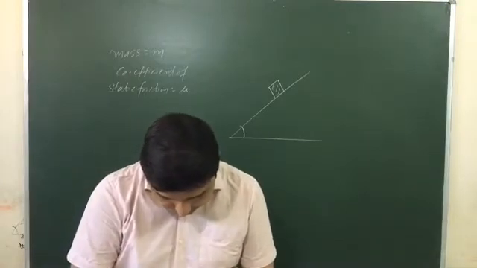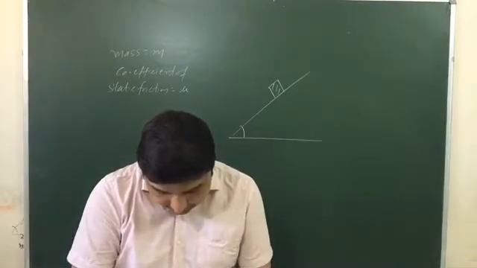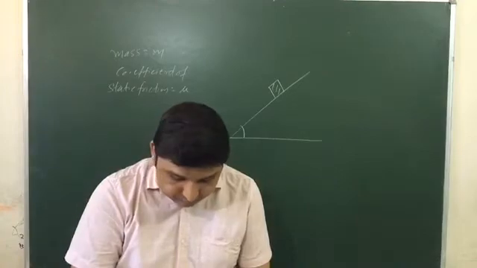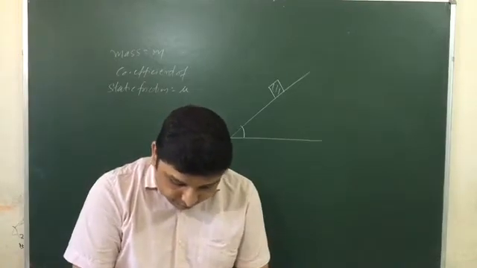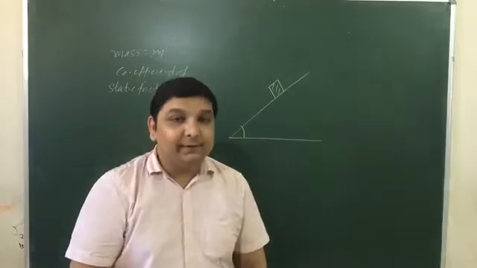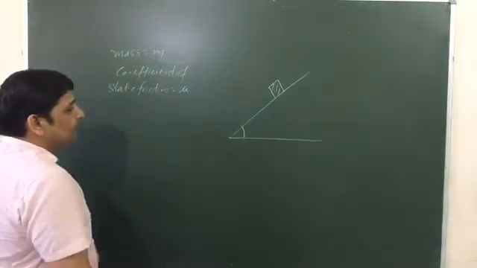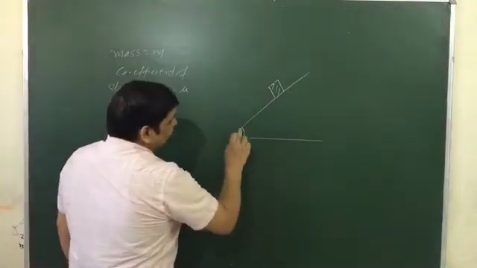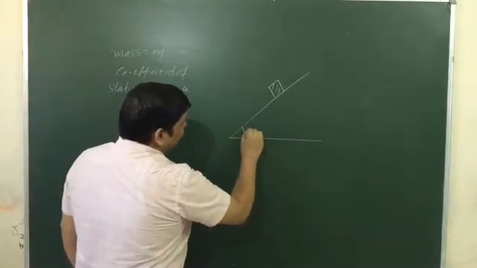In this case, we have to find the maximum angle of inclination before the block begins to slide down. Let us consider this angle to be alpha.